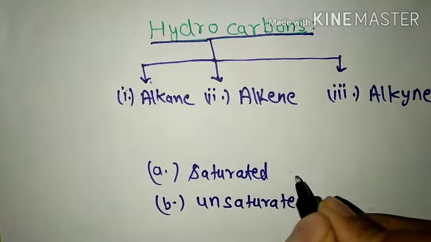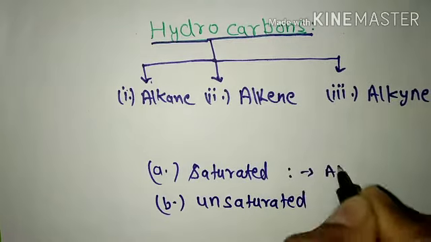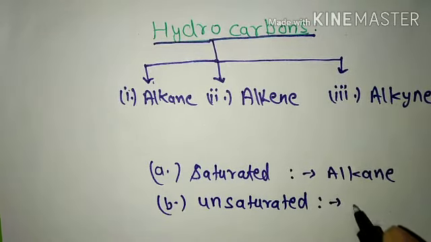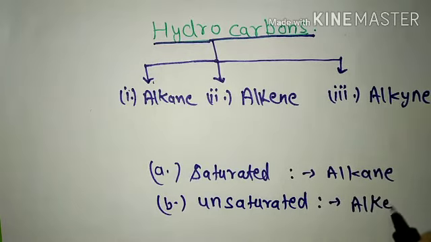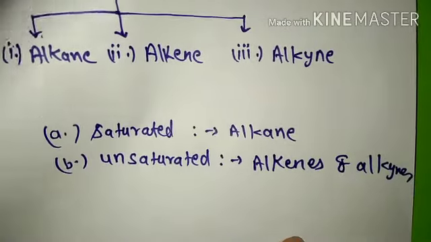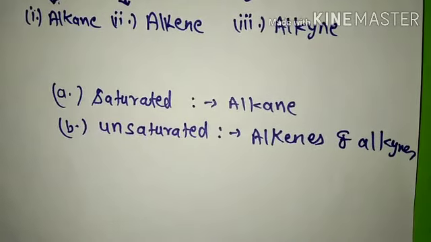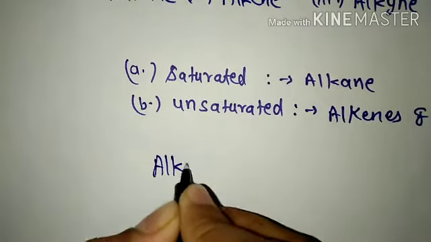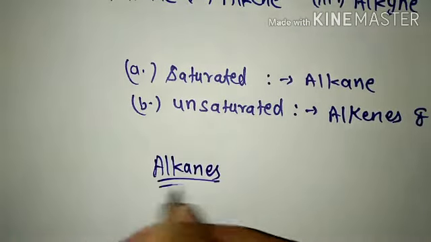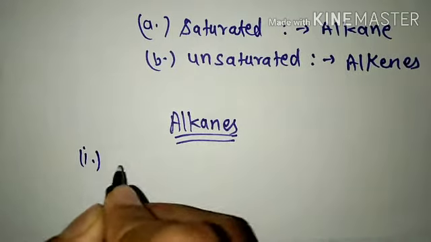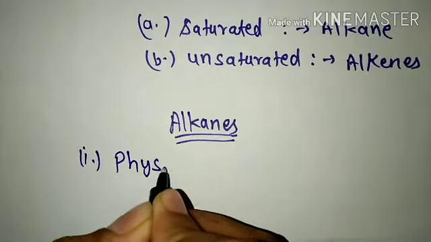The saturated hydrocarbon contains alkane, and the unsaturated hydrocarbon contains alkenes and alkynes. So let us talk about alkanes. Our first topic in alkane is physical properties of alkane.